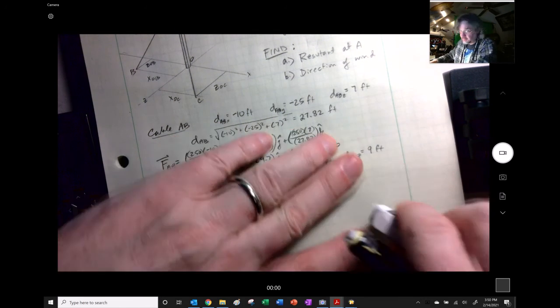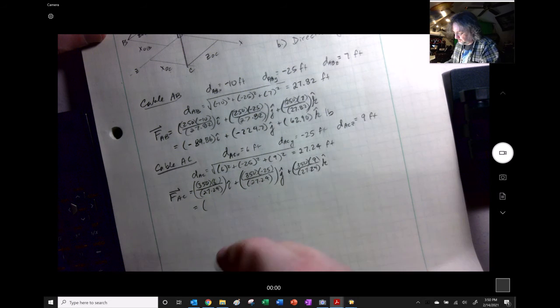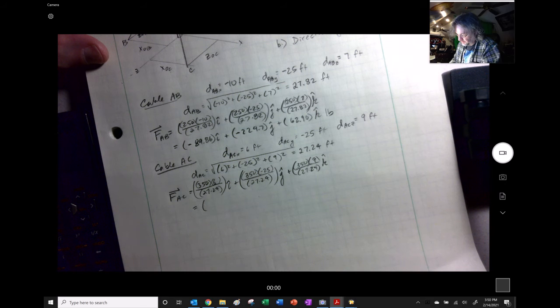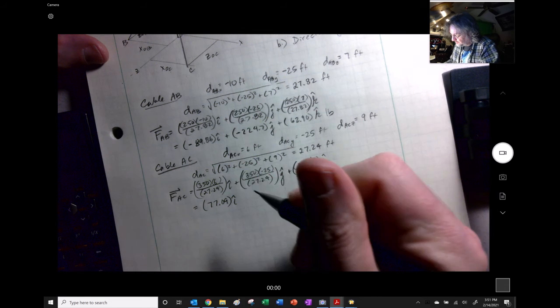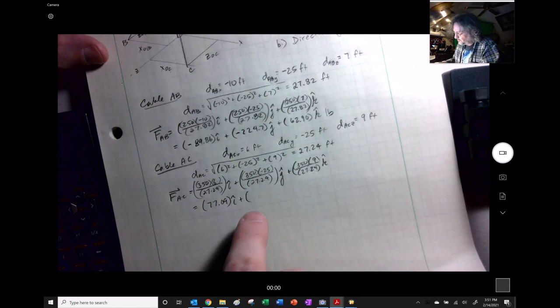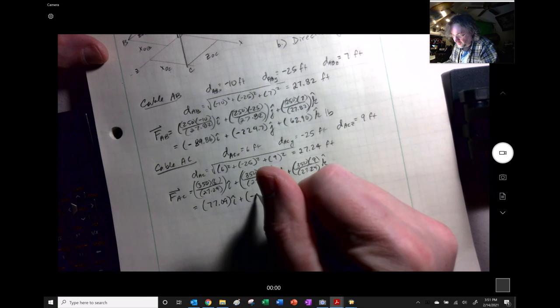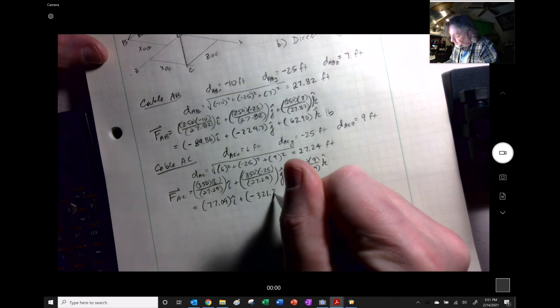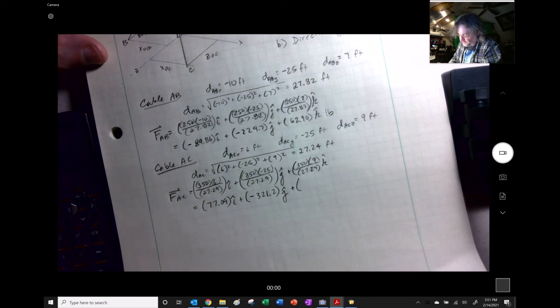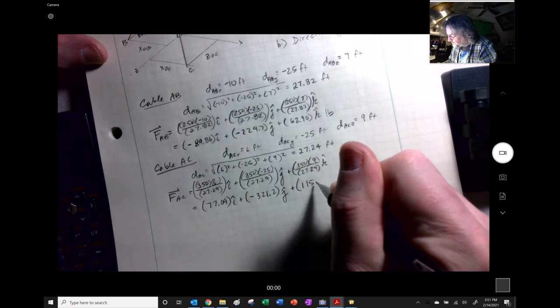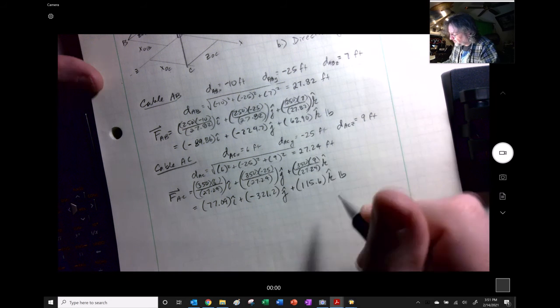I'll put it down to the next line because it's too close. 350 times 6 divided by 27.24, we have 77.09 i, plus 350 times 25 divided by 27.24, we'll have negative 321.2 j, and then 350 times 9 divided by 27.24, we'll have 115.6 k, and these are pounds.